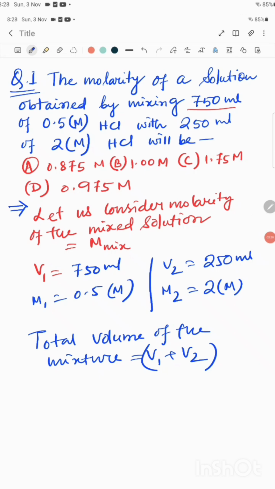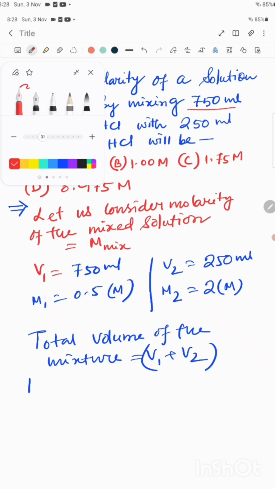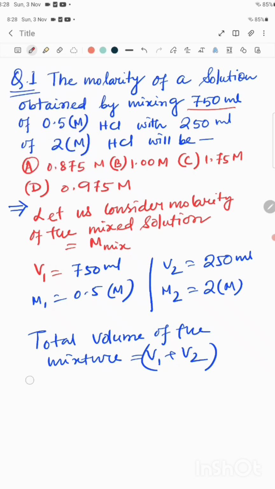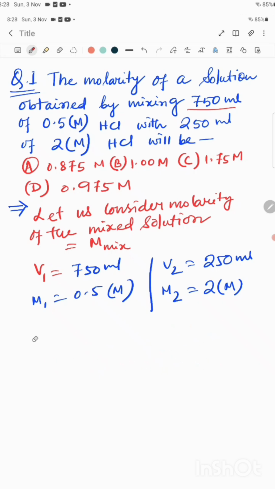You know one formula, that is M1V1 equals M2V2. But for a mixture, the formula will be: M mix into total volume V1 plus V2 equals M1V1 plus M2V2.